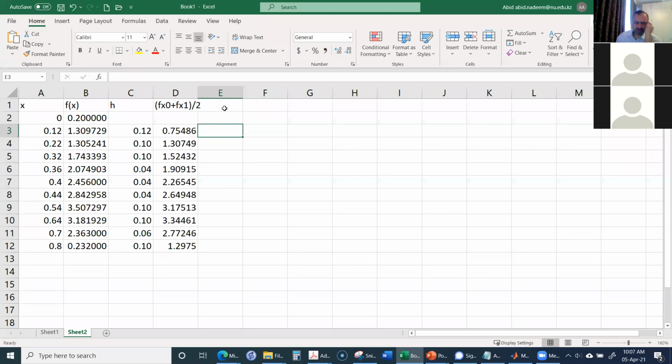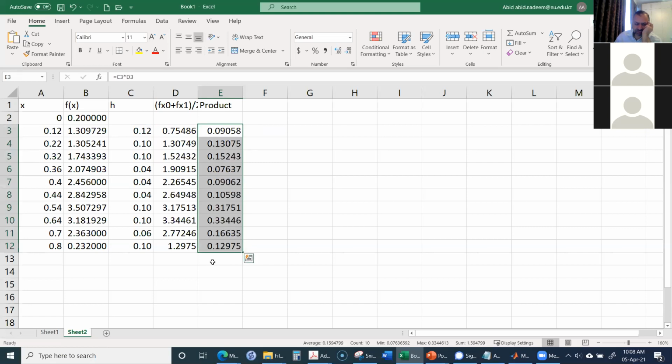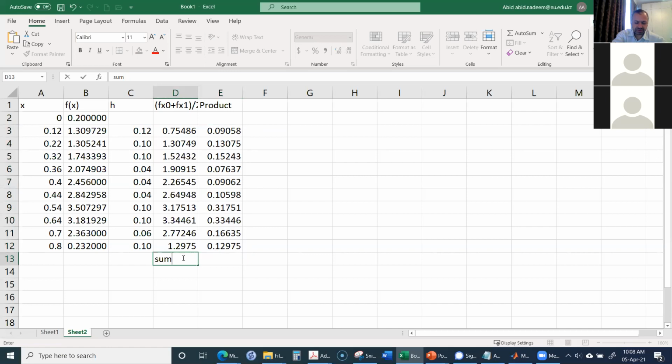So then we can find the product of h and this value fx naught plus fx1. Okay, and we can simply say the product of these two columns. So it will be 0.12 multiplied by this. We get this value, and then we copy it down, and now we will find the sum of the product.